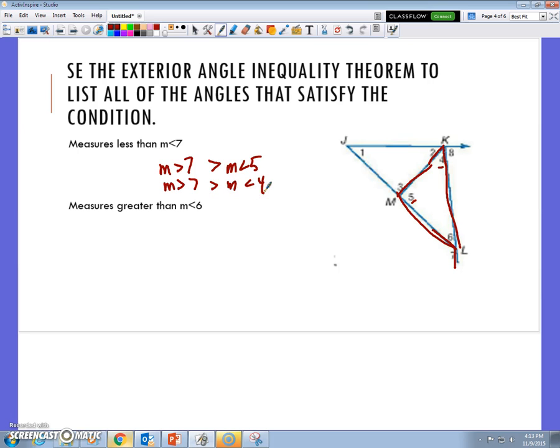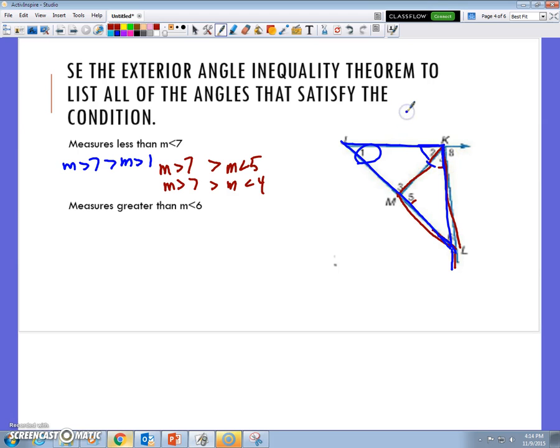Or there's a bigger triangle here as well. There's this big triangle right here. Angle 7 is also an exterior angle to this big triangle. So I know that it is bigger than measure of angle 1 because this is a remote angle to this exterior angle. And I know it must be bigger than the sum of angle 2 and angle 4.